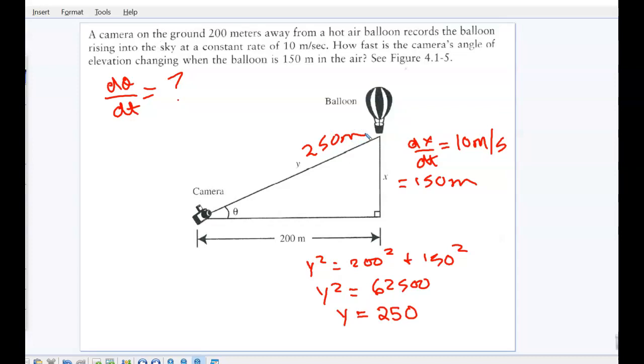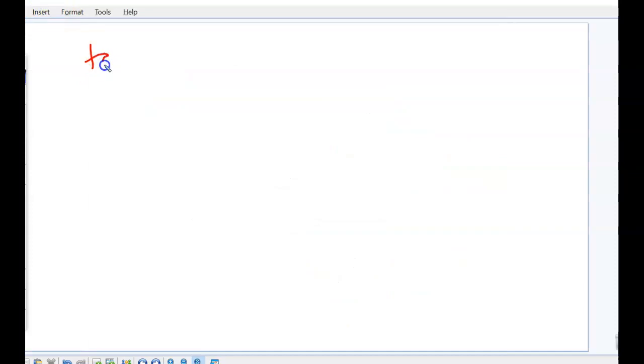So now I am going to set up a trig ratio. To do that, I am going to set up a ratio between the side x, which is changing, and my base, which is 200. So therefore, I can say that the tan of theta is going to be side x over 200.